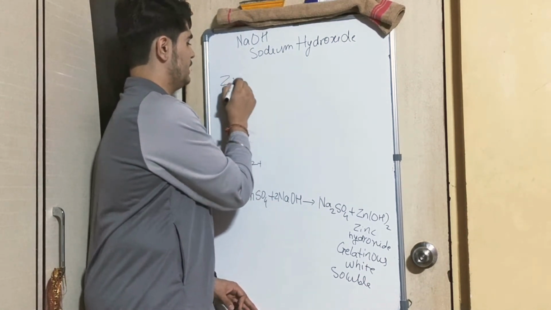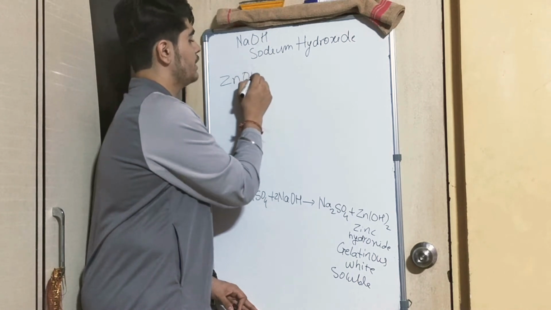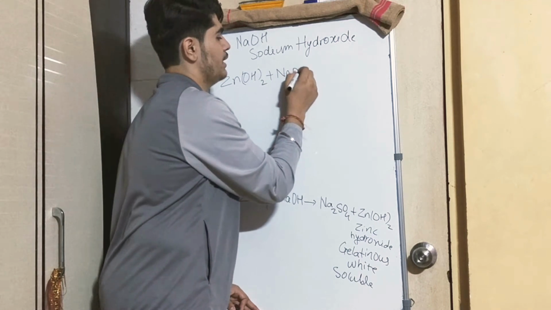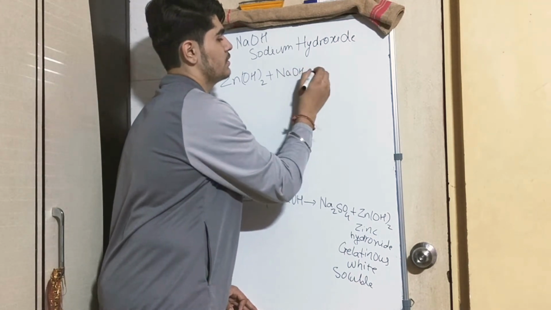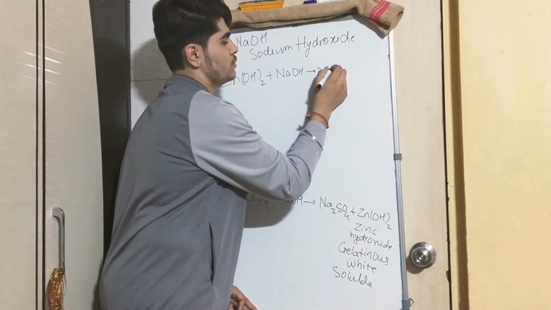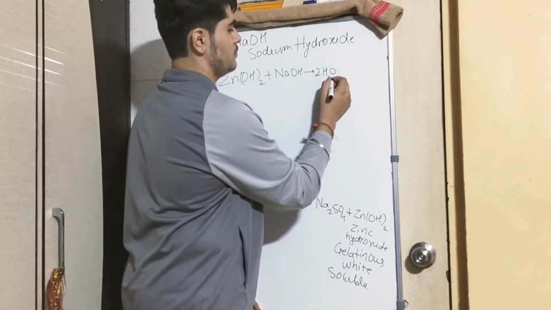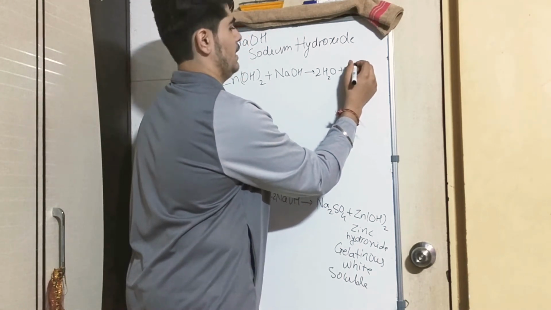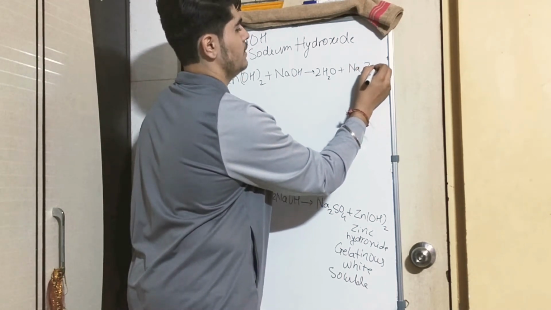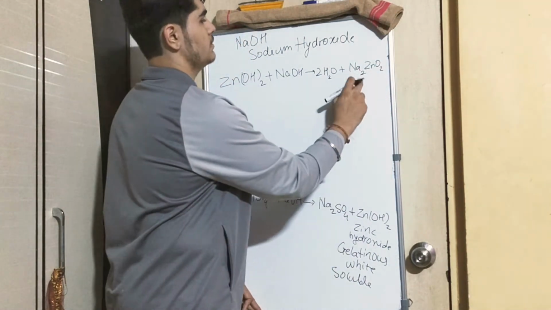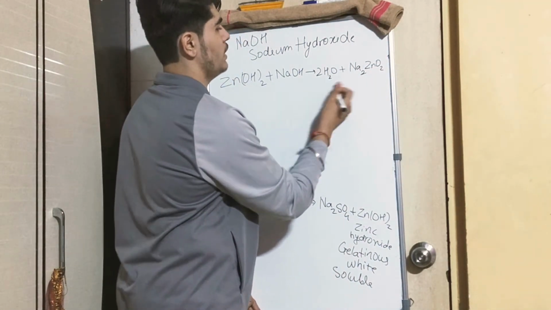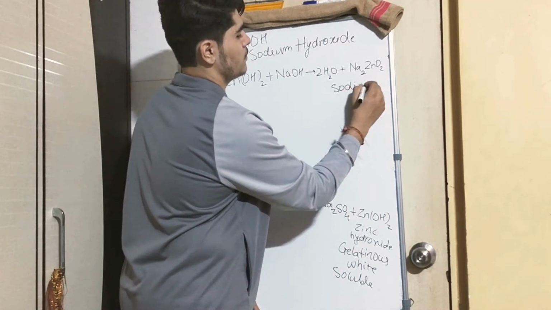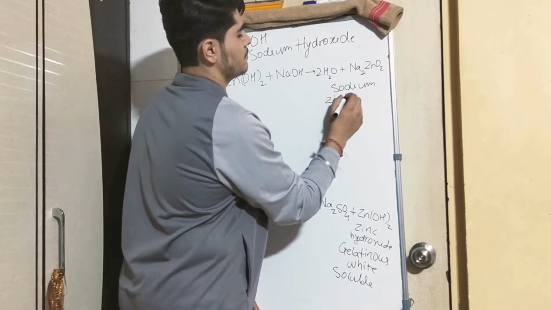We get Zn(OH)2 plus NaOH gives 2H2O plus Na2ZnO2. This is the main product which we get, which we call sodium zincate.